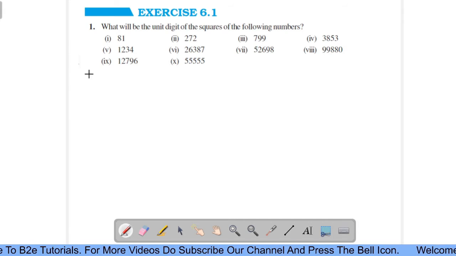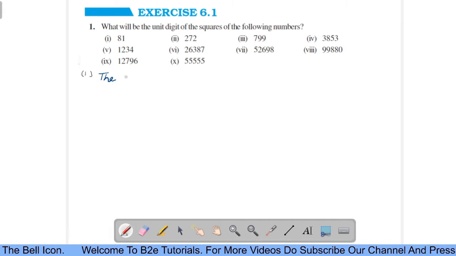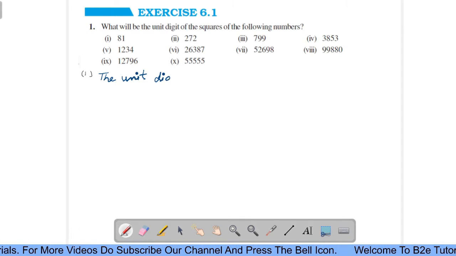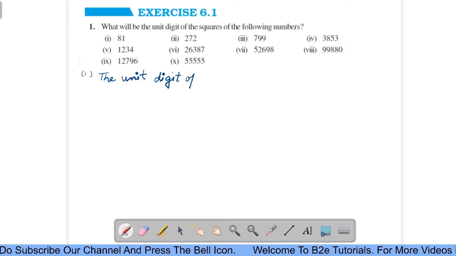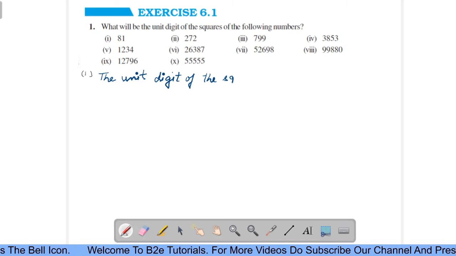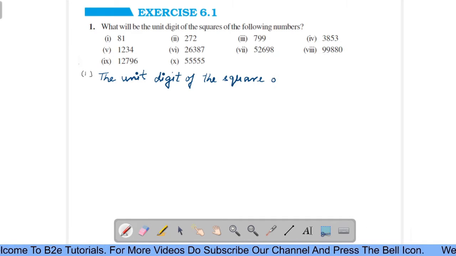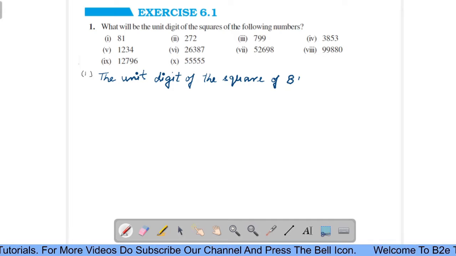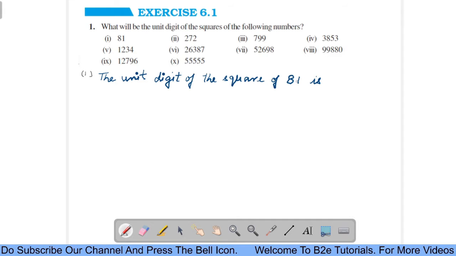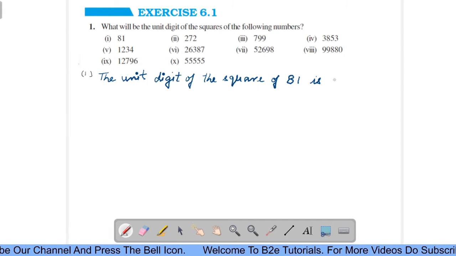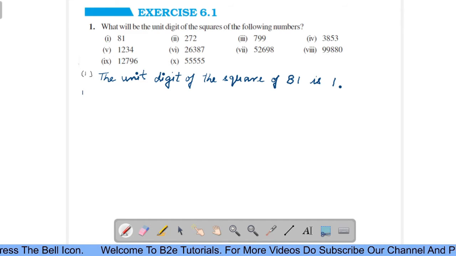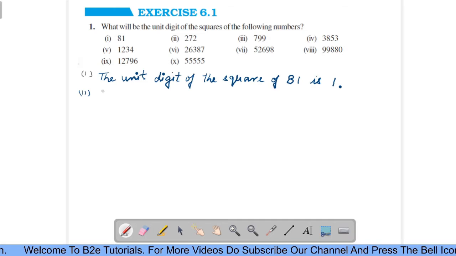First part, the unit digit of the square of 81 is: here the unit digit of 81 is 1 and the square of 1 is 1. Therefore, this is 1.